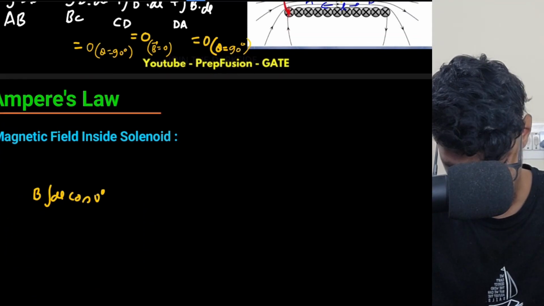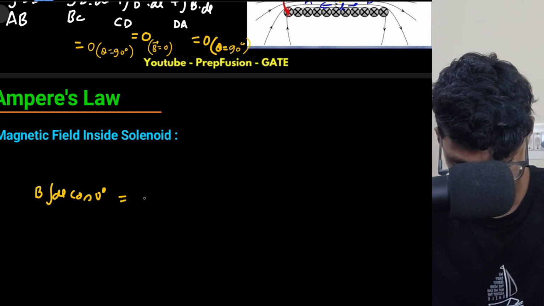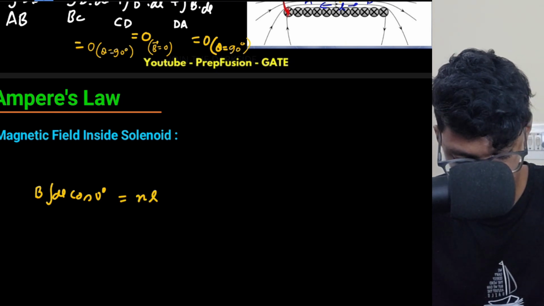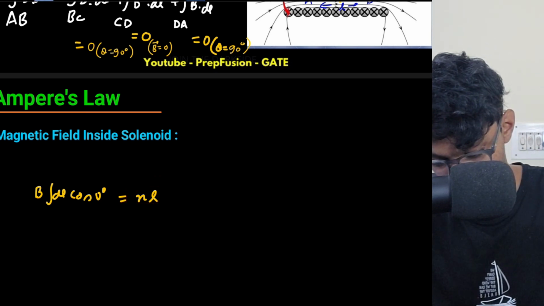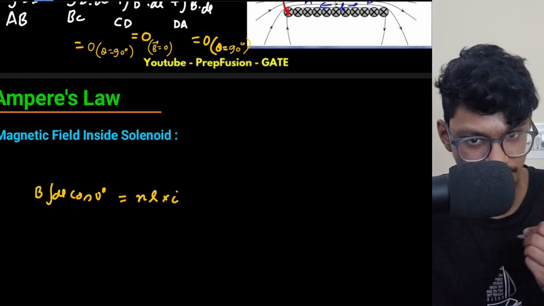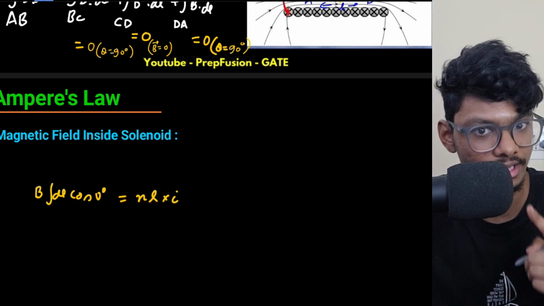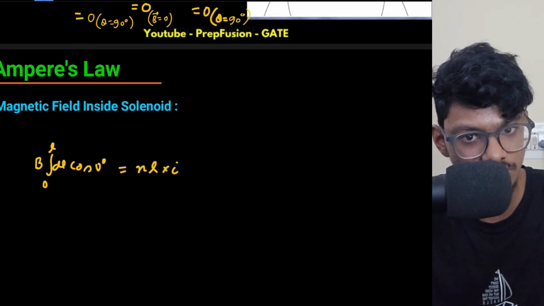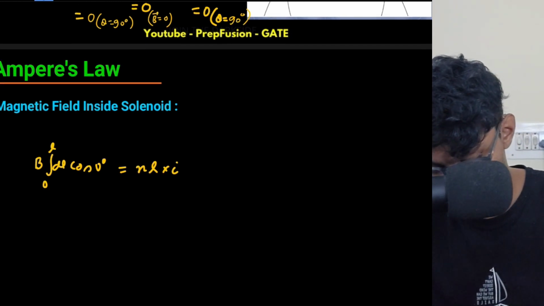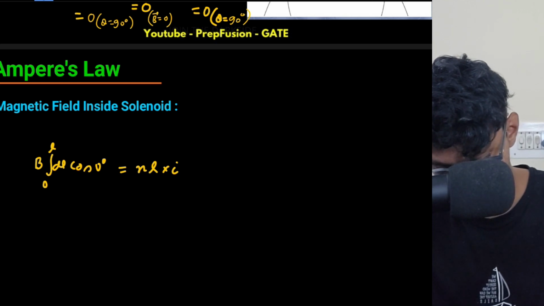So this will be n times L to get the overall number of turns in length L, into I, since each turn has I current. And this dL will also go from 0 to simply L, correct? For the AB section I'm talking about.